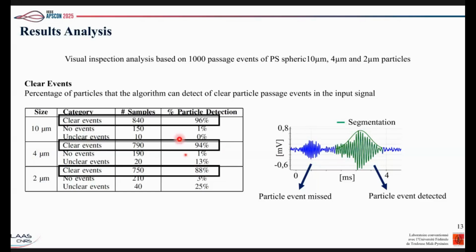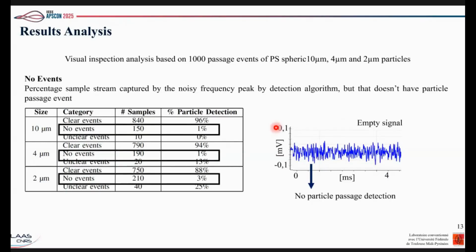First of all, we set different categories. In one of them, we are clear that the modulation in the captured data is related to one particle, so we want to know if our algorithm is able to detect that. Then, sometimes we capture data that only has noise and no particle passage, so we also explore if our algorithm is able to mark it as an empty signal.